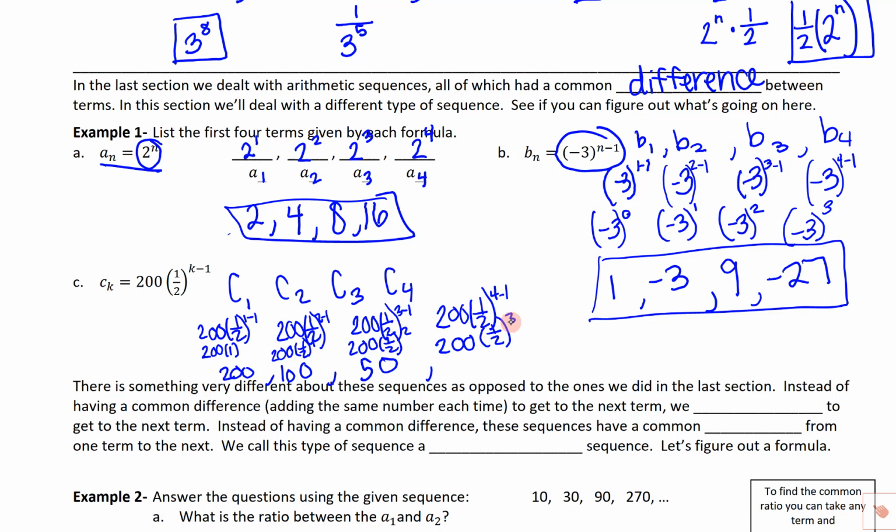Okay, and then that would be 25. Okay, and then so this pattern goes 200, 150, 25.